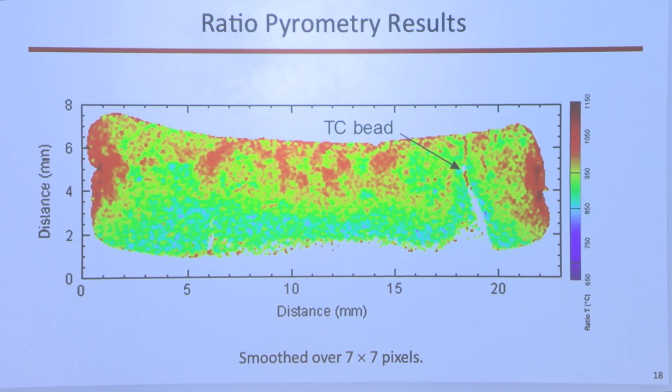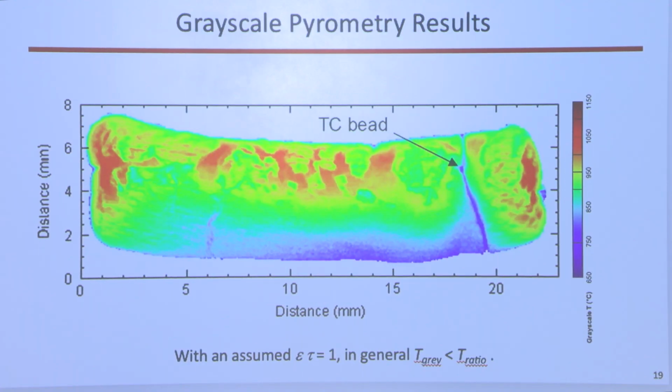Remember, in ratio pyrometry, this is the red intensity divided by the green intensity at every pixel, converting that to temperature with the black body calibration. In the next slide, what I'll show is just the red intensities calibrated by the black body. And look how much better the precision looks here. Because you have that 4 orders of magnitude variation, it's very precise at every pixel, very smooth.